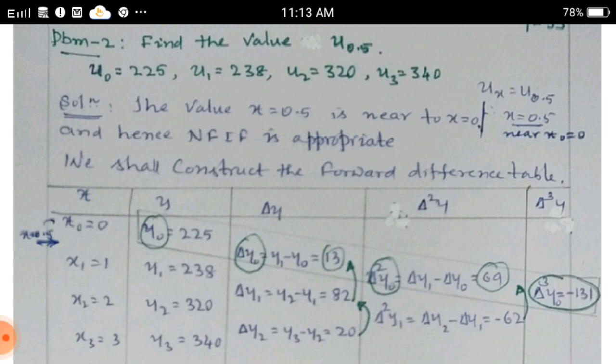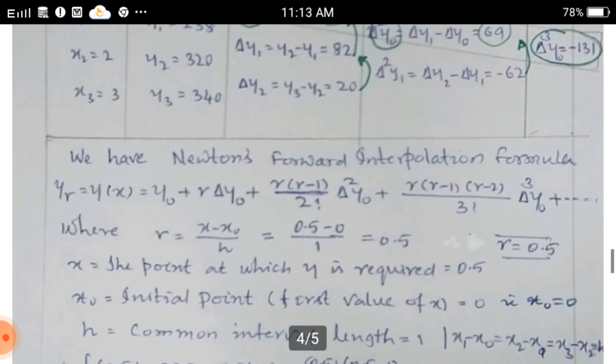And h is the common interval length, that is x1 minus x0, x2 minus x1, x3 minus x2, h is equal to 1. So that is shown on the side.